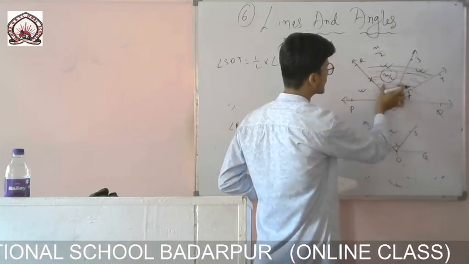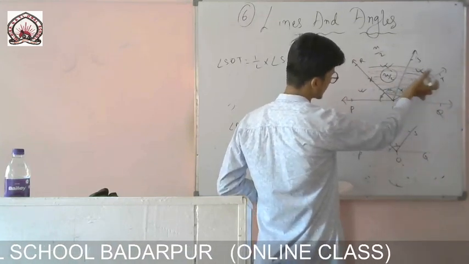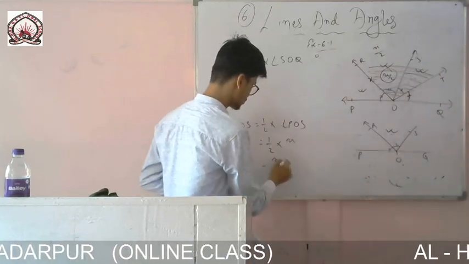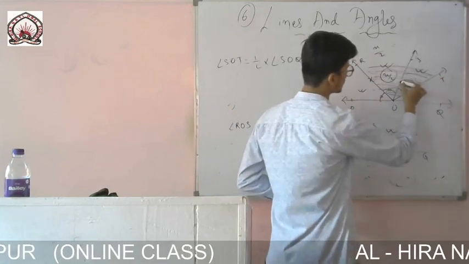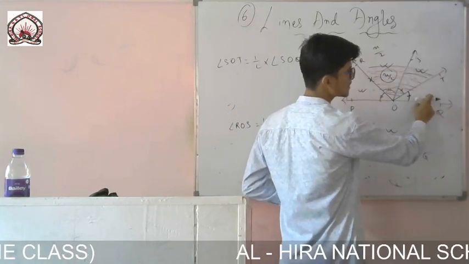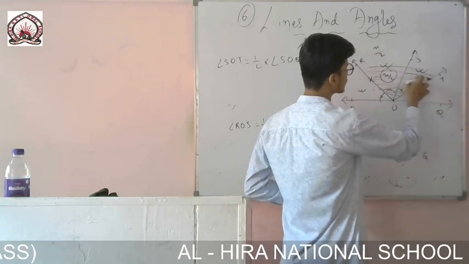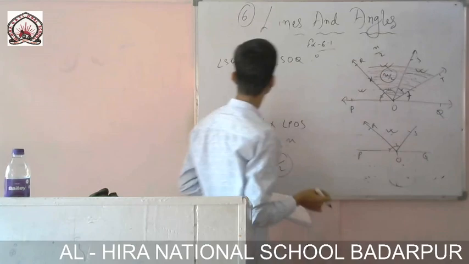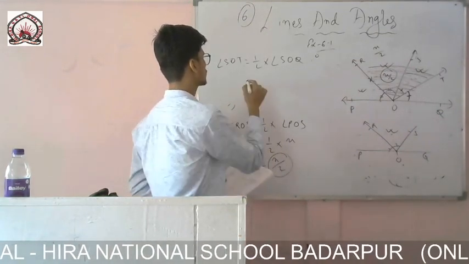To find ROT, I need this angle plus that angle. Very easily I can find. This angle I have got, it is x by 2. I need this part, so this one is again divided. This is the angle bisector, that means this angle and this angle are the same. So if these two angles are the same, that means this angle will be equal to half of the whole angle, so half of angle SOQ.